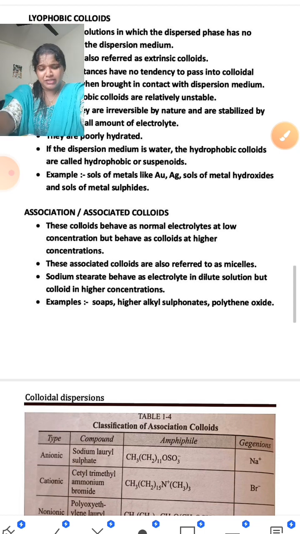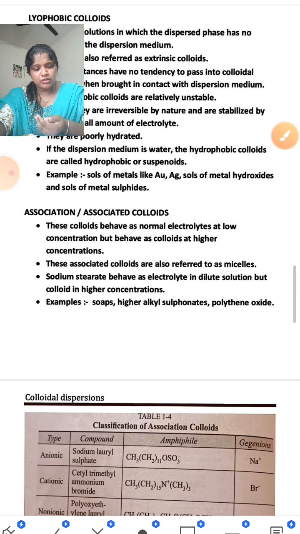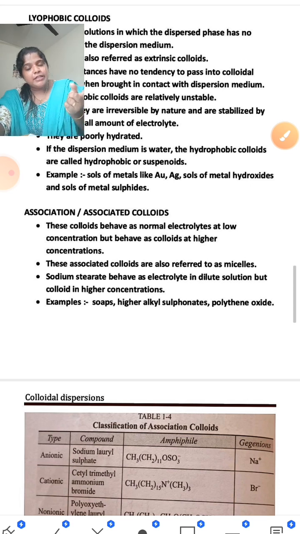Association colloids are miscellaneous. In low concentrations they behave as normal electrolytes, but in higher concentrations they behave as colloids. What we have to remember: at low concentration the colloid shows electrolyte properties, and at higher concentration it shows the properties of colloids.